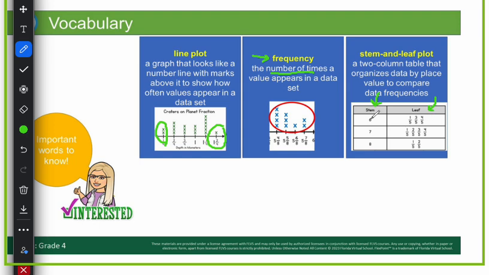So this is saying I have a 6 1/5, 6 3/5, 6 4/5. This is saying I have 7 1/5, 7 2/5, 7 3/5, 7 4/5. Right here, this 8 is telling me I have 8 1/5, 8 2/5.